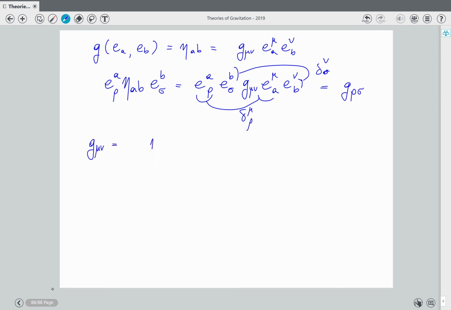So you have this identity. G mu nu is equal to eta AB E A mu E B nu. And this is how you go from one metric to the other, the metric in space-time indices and the metric in flat space indices, by means of this object, which is called tetrad or Vierbein.